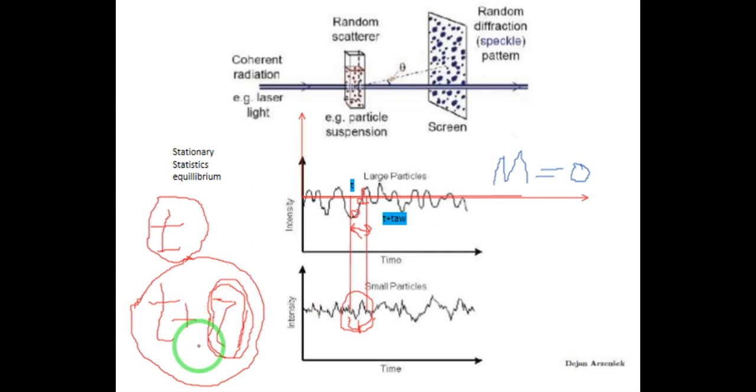Okay, so now we want to see how we can compare this signal at time t with itself at a delayed time of t plus tau. This is what we're going to do.